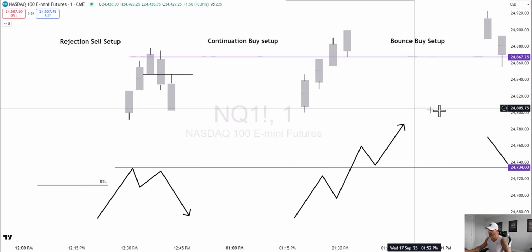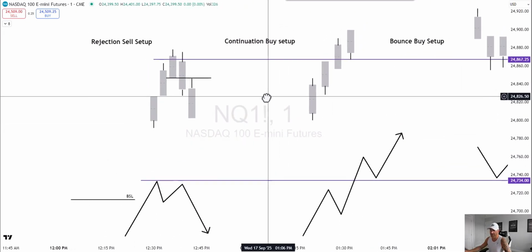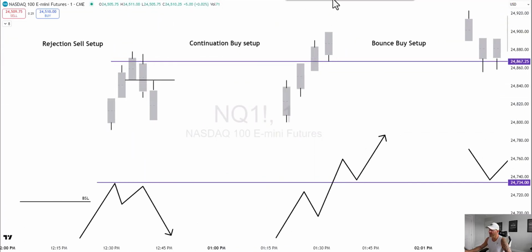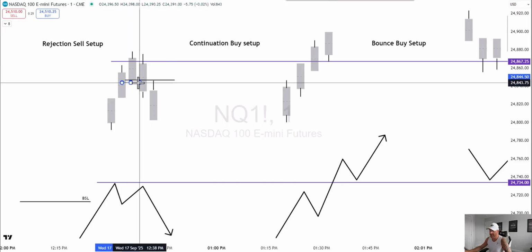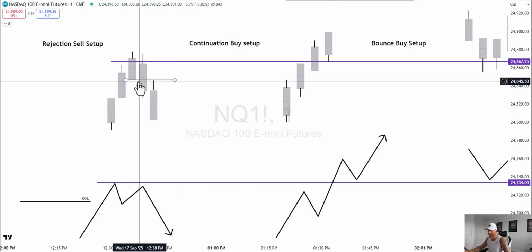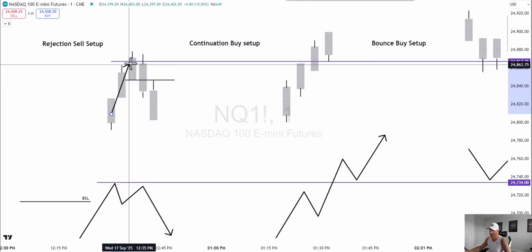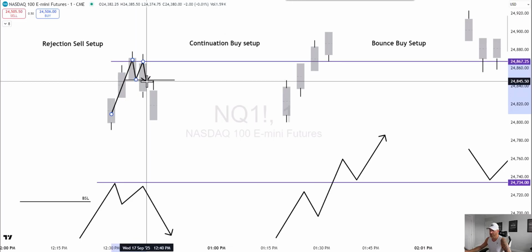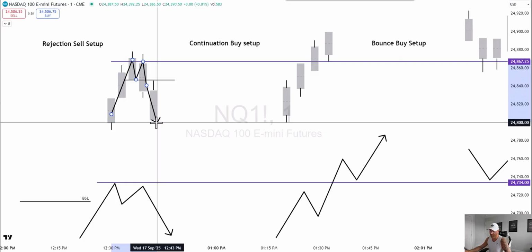So this, if you guys read that book, Reading Price Charts Bar by Bar, which I recommend everybody read, this is exactly what he speaks about. When we clear this candle low, that close right there, that should trigger our entry, and we should continue lower. We should come up, push against the level, retest, push through that body close, and then continue lower.